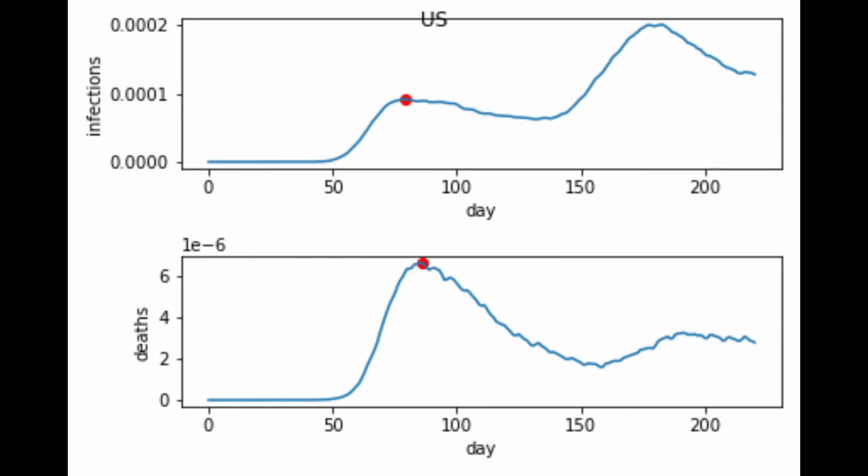A variation of that pattern we see here in the example of the United States, where after a first local maximum we see a local minimum, and then again, like in France and Germany, a rise in the infections, but a lot higher rise in the infections.